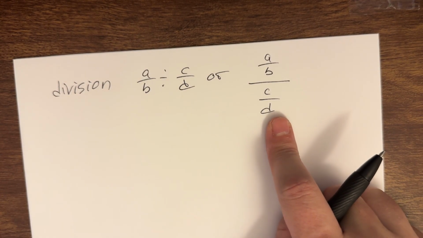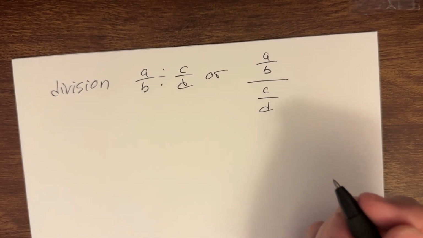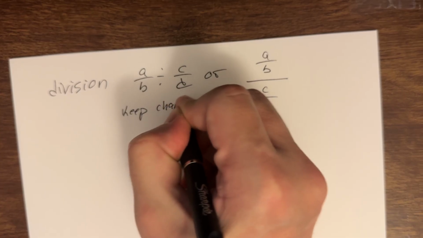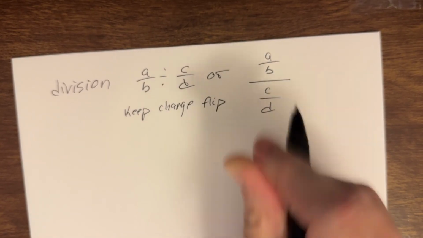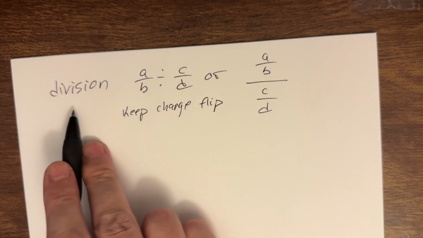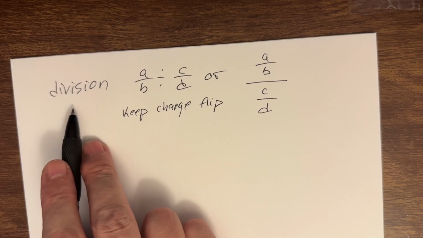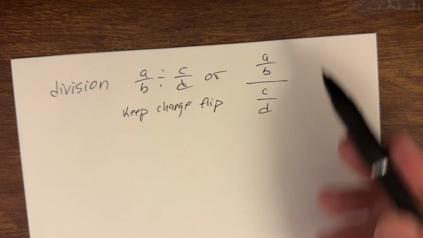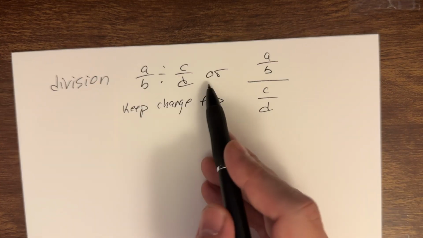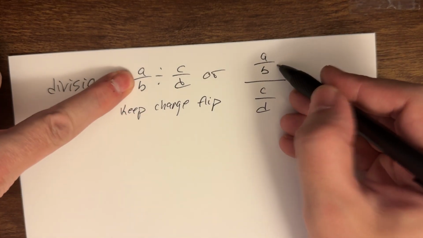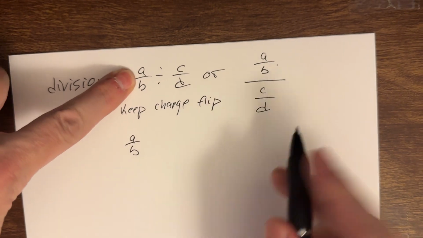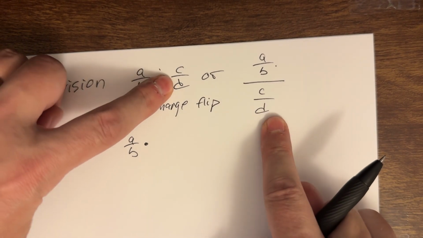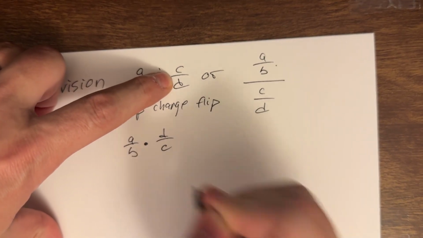And when it comes to division, for a lot of people, there's an expression they remember that they've been taught: keep, change, flip. Because the real key to division of fractions is that you don't actually divide. You change it to a multiplication problem, either here, top to bottom, or here, left to right. You keep your first fraction, you change the division to multiplication, and then you flip the last fraction.